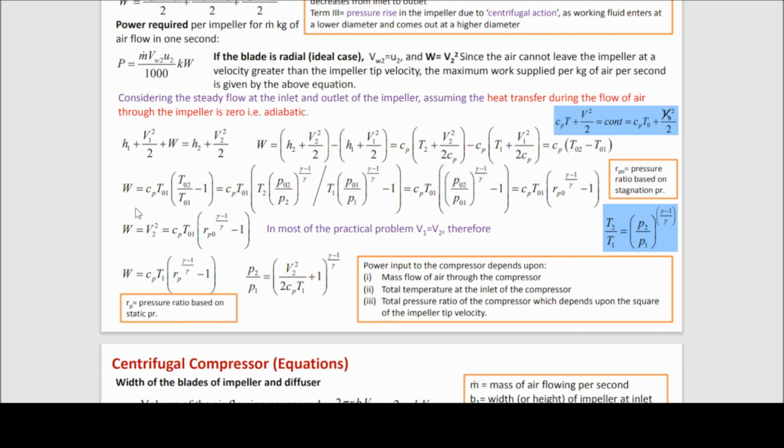Now this W is equal to, if I take T01 outside, Cp T01, I have divided it both here. So T02 by T01 minus 1 is there, and Cp T01 into, you see what is T02. I have already shown you a relationship, I will write it again.